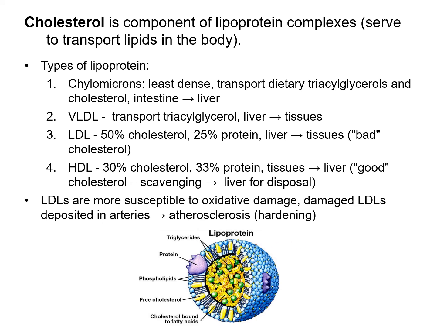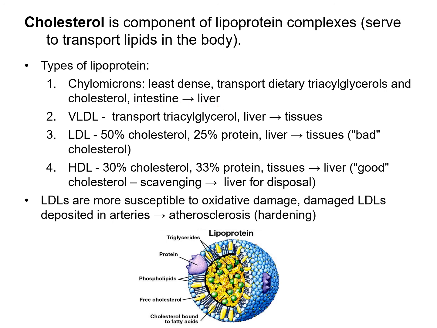There are 4 different types of lipoproteins. The first ones are chylomicrons, which are the least dense lipoproteins, and they transport dietary triacylglycerols and cholesterol from the intestine to the liver.